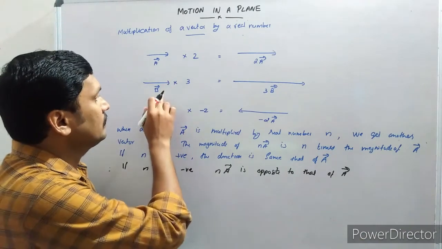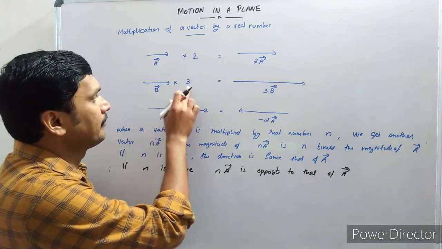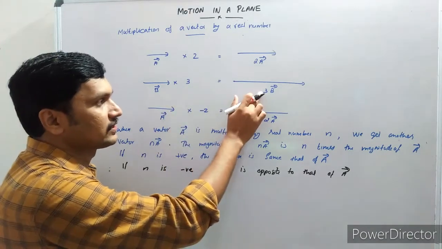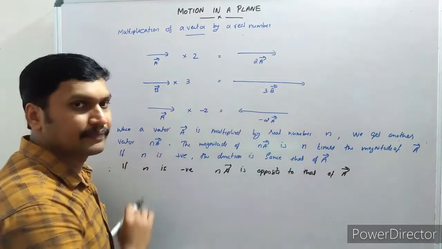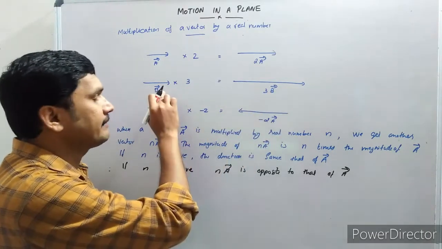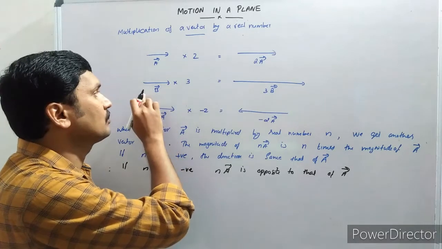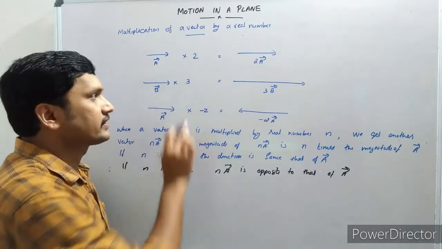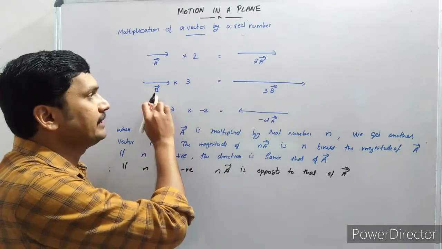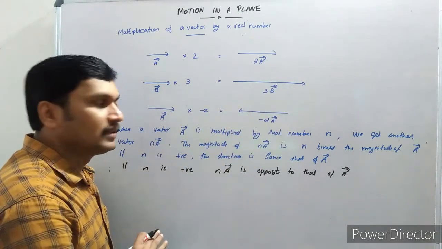Another example. We multiply vector B by the real number 3. So we get a new vector, 3B. The magnitude of vector 3B is 3 times greater than the magnitude of vector B. Since 3 is positive, the direction of 3B and B is the same.